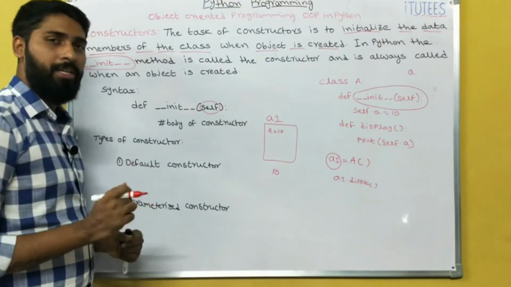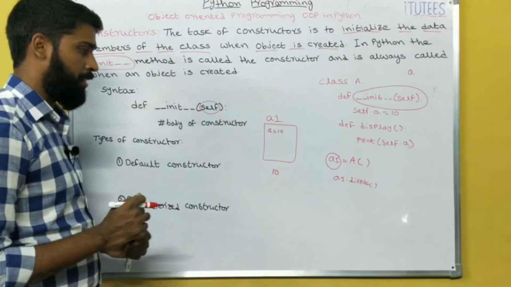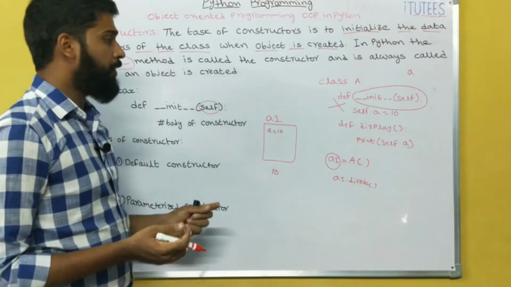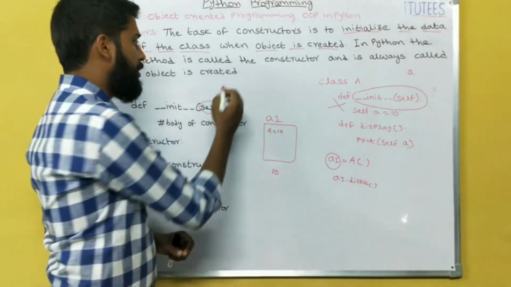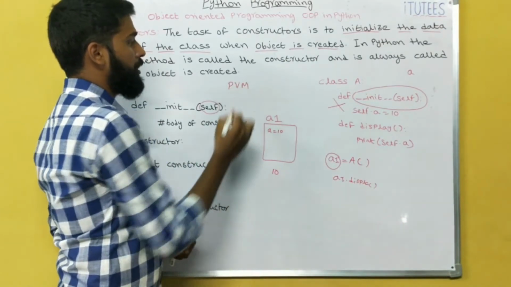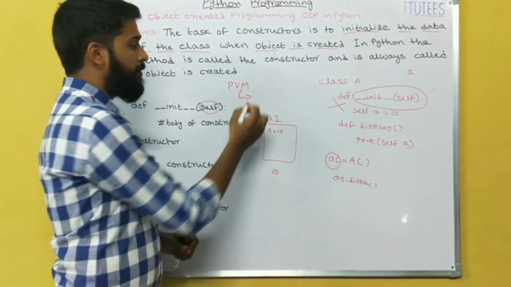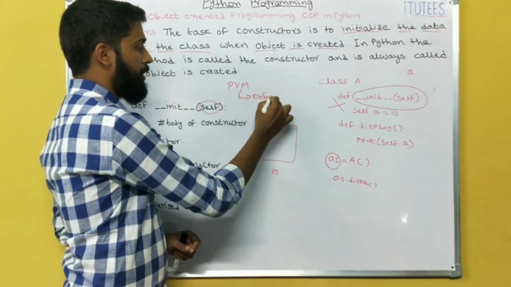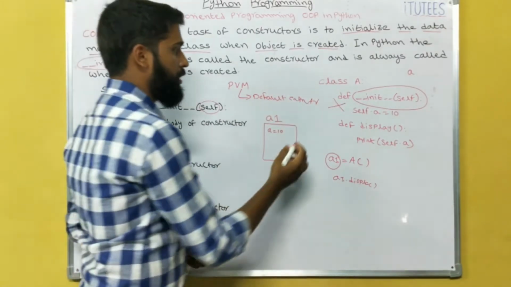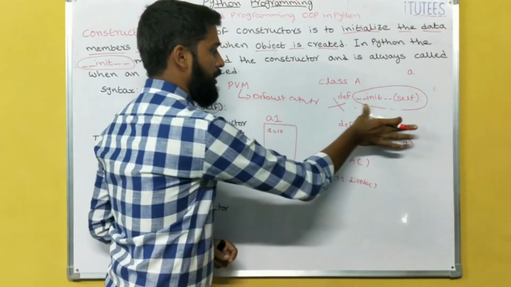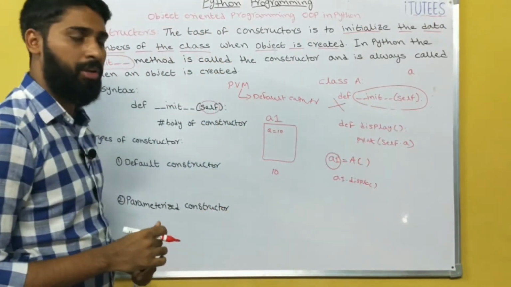Now we can see the types of constructors. If you are not defining any constructor in your program, the Python virtual machine can generate a default constructor. A default constructor is nothing but an empty definition.